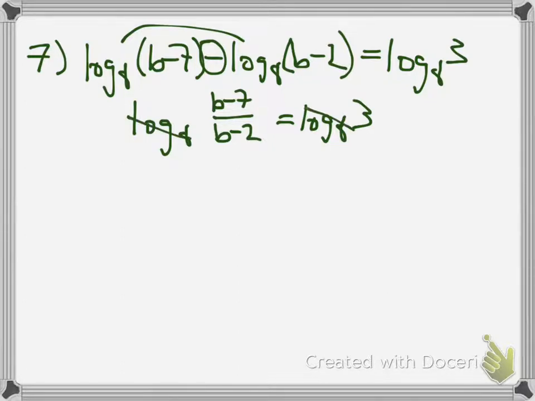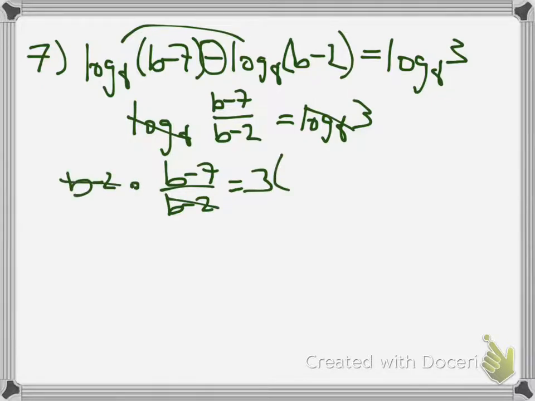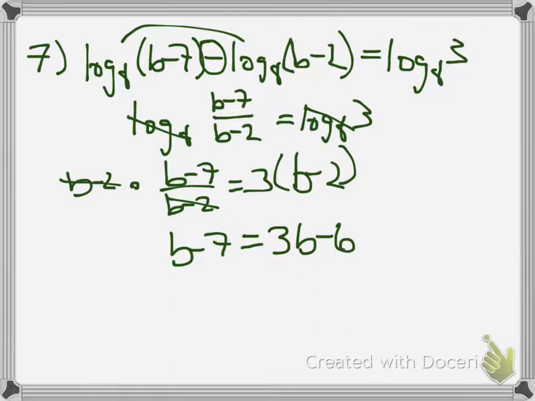So now I can get rid of the logs and say (b minus 7) over (b minus 2) is equal to 3, and then multiply to get rid of the fraction. So I'm saying b minus 7 is equal to 3 times (b minus 2), which is 3b minus 6, so 3 times b, 3 times 2.